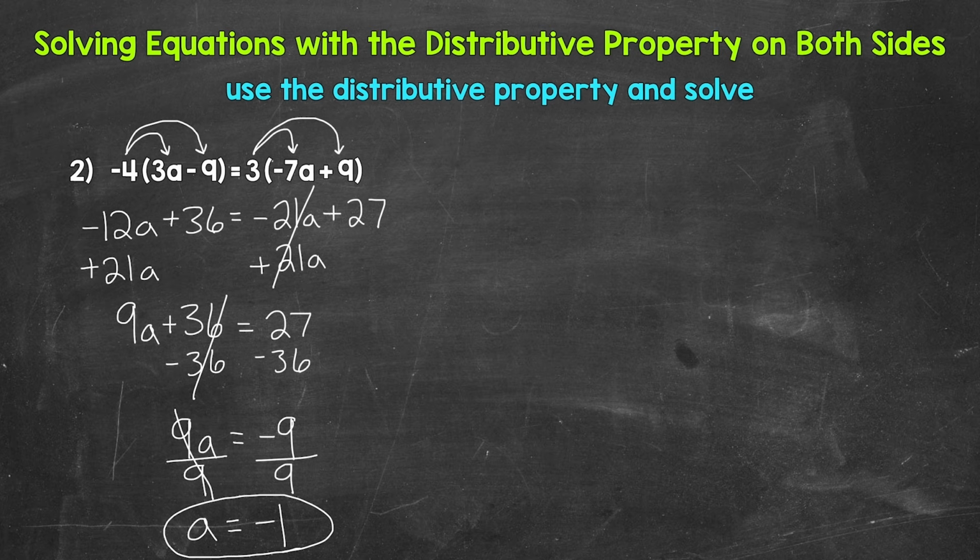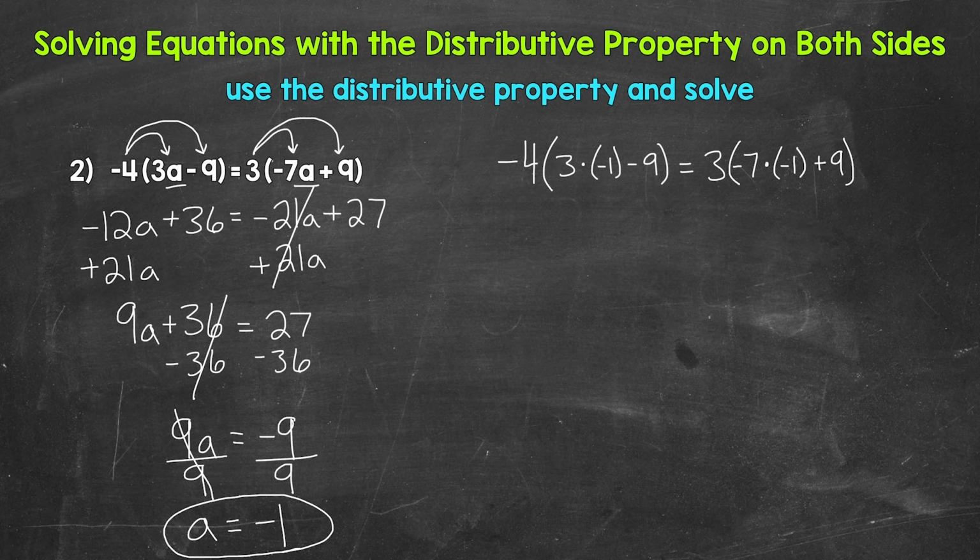Now let's check that solution by plugging in -1 for a and seeing if this works. So we have -4 and then 3 times -1 minus 9 equals 3 and then -7 times -1 plus 9.